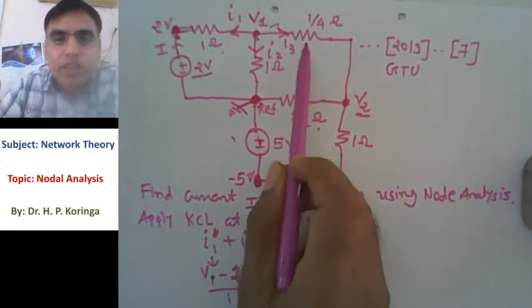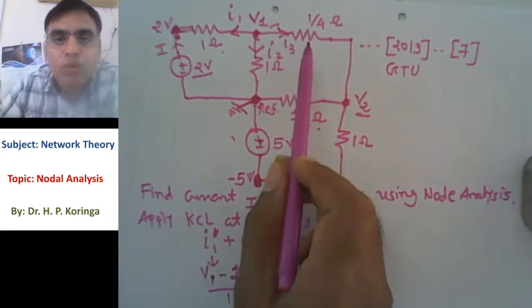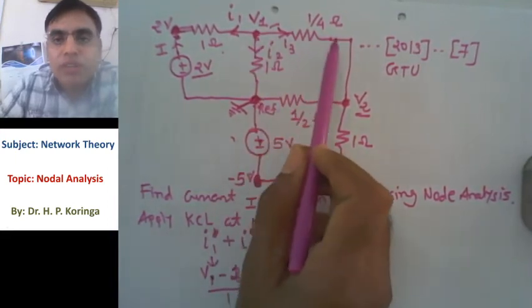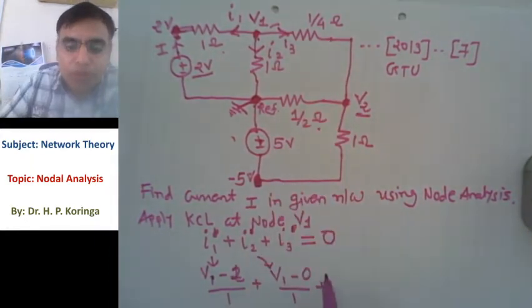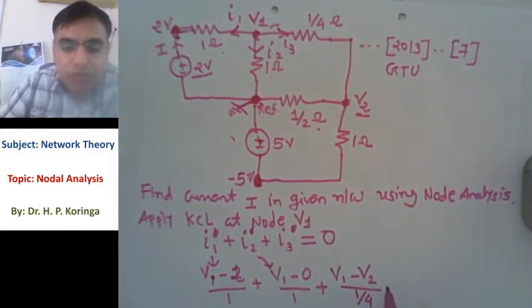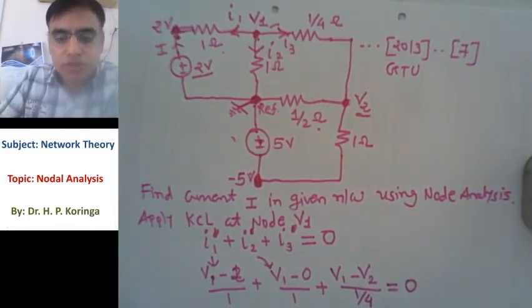So I3 is the current passing in this 1/4 ohm branch. So it is (V1 minus V2) divided by 1/4. There is no incoming current, so the sum is equal to 0.